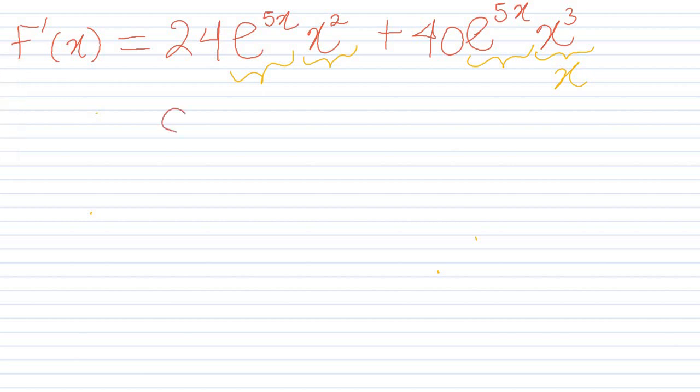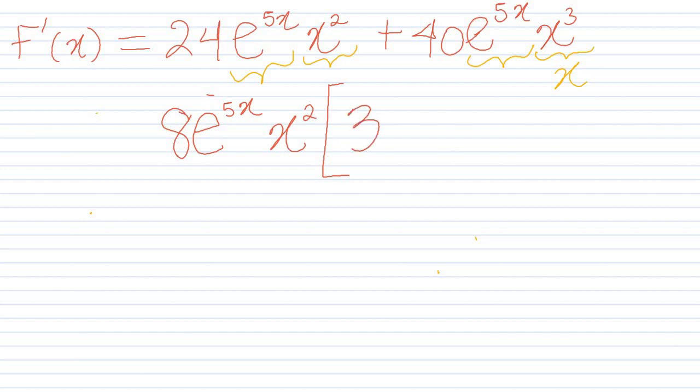So what you end up with is 8. Bring out 8 from this, 8e to the 5x. Then remember, we're going to bring out x squared, right? And then put this in bracket. If we bring out e to the 5x and x squared, we know that 8 times 3 is 24 because we brought it out 3 times.